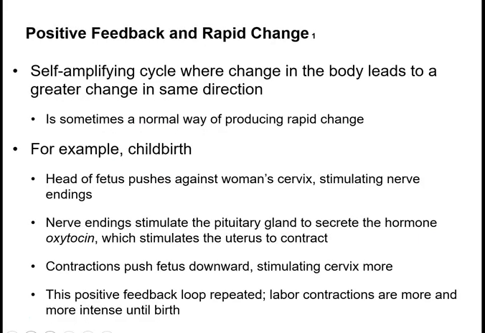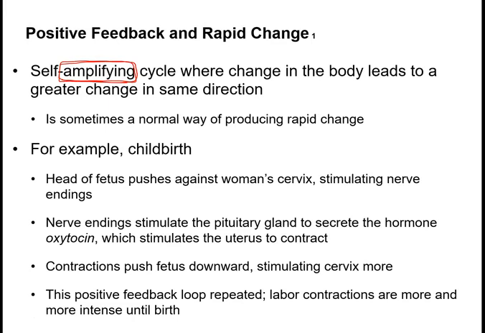So let's end this short video with a discussion of a positive feedback loop. A positive feedback loop is different because we're not going to see a change. Instead, we're going to see an amplification of an effect. And the classic best example to give of a positive feedback loop is childbirth.